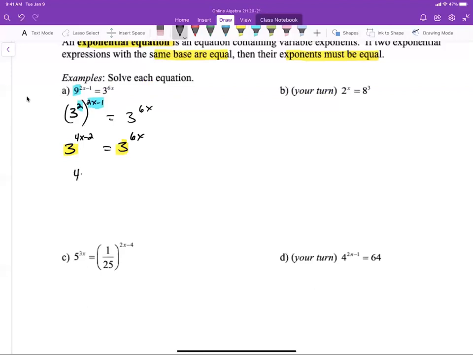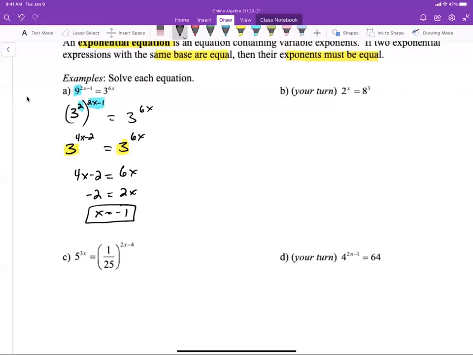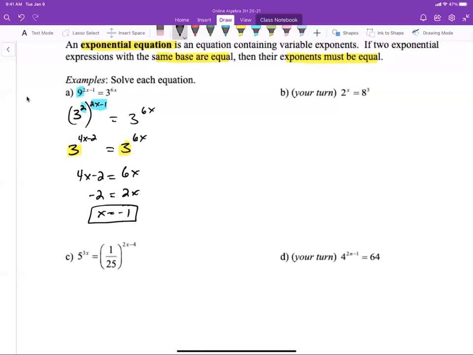So I know that 4x minus 2 is equal to 6x. Now I can solve by subtracting 4x from each side, and I get negative 2 is equal to 2x. I solve for x and find x is equal to negative 1. So that is the general approach to these types of problems. All right, B, why don't you try one yourself?